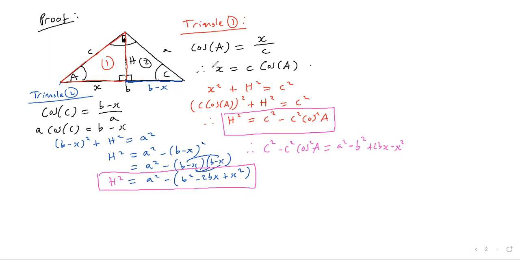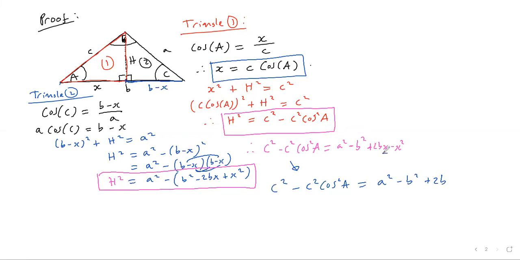So we know from up here that x is equal to c times cos a. So we can actually plug that in. You get c squared, take away c squared cos squared a is equal to, again, a squared, take away b squared, plus 2b, and then x, which is equal to c cos a. So remember, x equals c cos a.